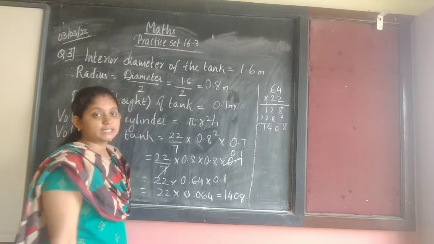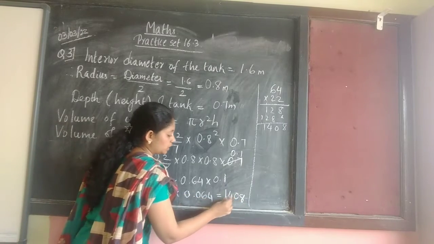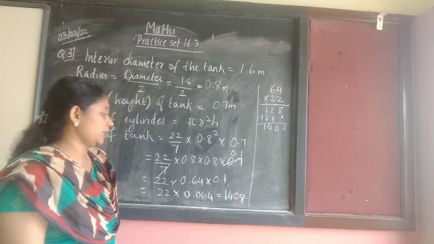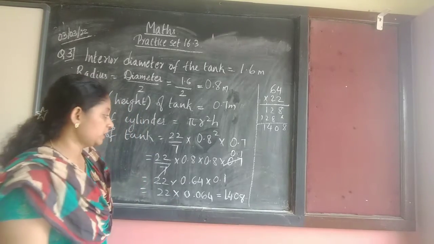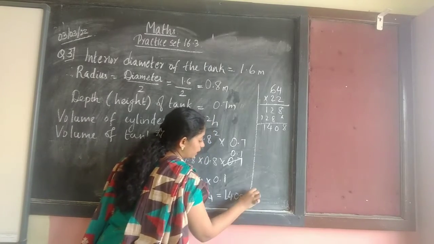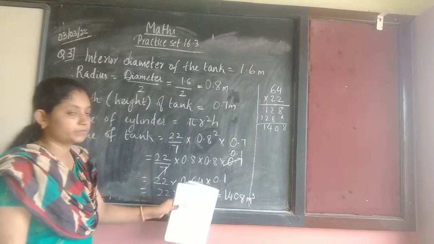But we have to put a decimal point before how many numbers? 1 2 3. So before 3 numbers you are going to put a decimal point. So when you put a decimal point, how much you are going to get? 1.408 meter cube. Okay, it's not centimeter, it is meter cube.